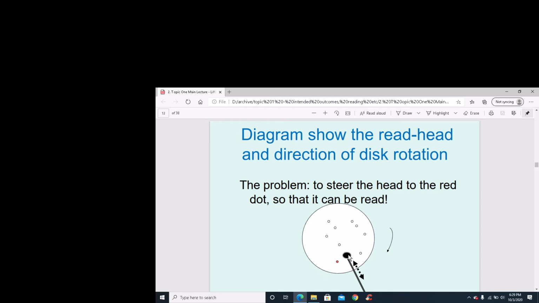My task is to calculate the position of this sector when it next comes round, and calculate the way of placing the read head or the write head, depending whether you want to read or write, immediately above the sector that I need to read from or write to. So you've got two factors in this system: a moving disk and a moving read-write head.